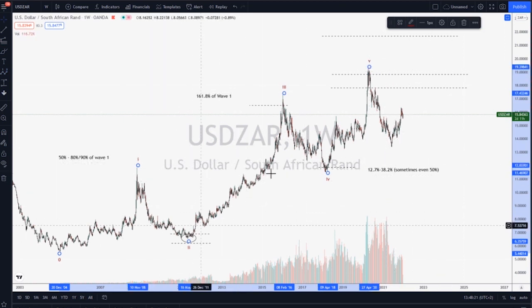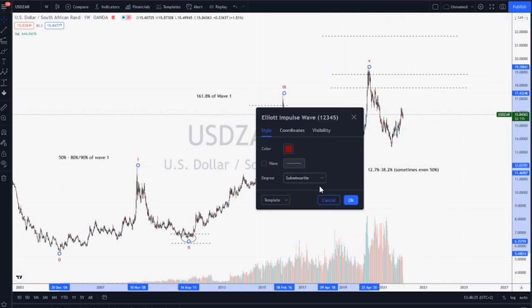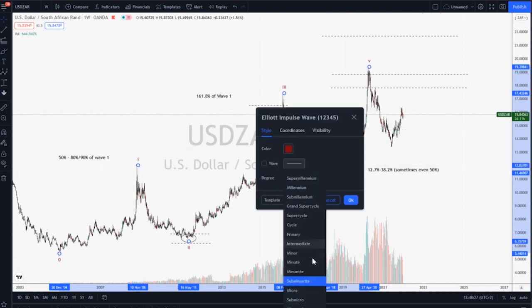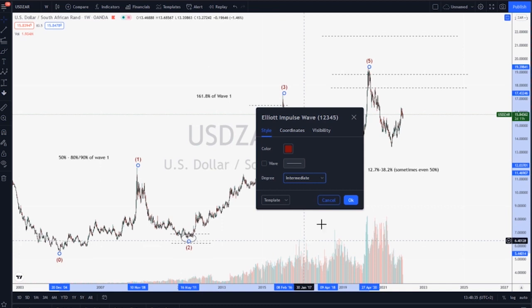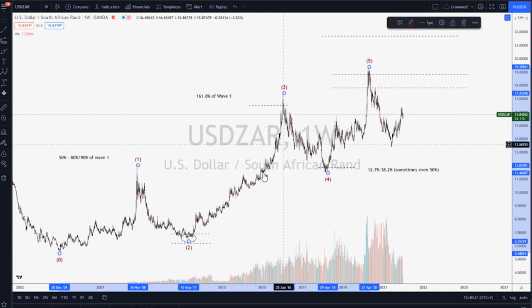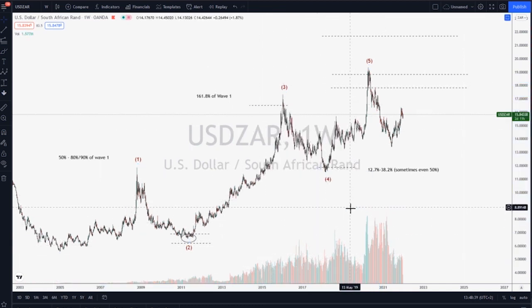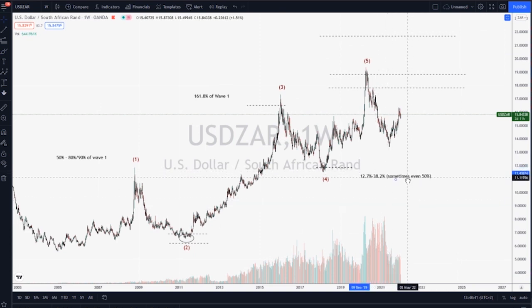There we go. And I usually, when working on such a huge time frame of the 1 week, use a high degree so that I'm able to fit all the other degrees, the lower time frames I use underneath. So in this case, I will use the intermediate and the color red or maroon, whichever one makes you comfortable.